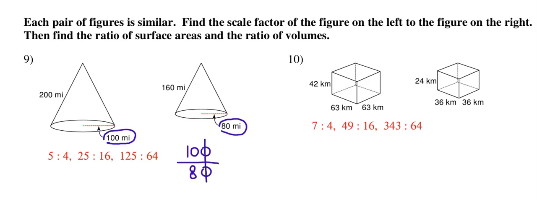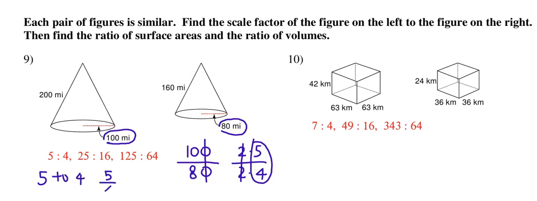Then I do the first one, simplify. 10 to 8 is not simplified enough, so you simplify it. Now you get 5 to 4. You can write down 5 to 4 and 5 to 4. That's the scale factor for these two solids.